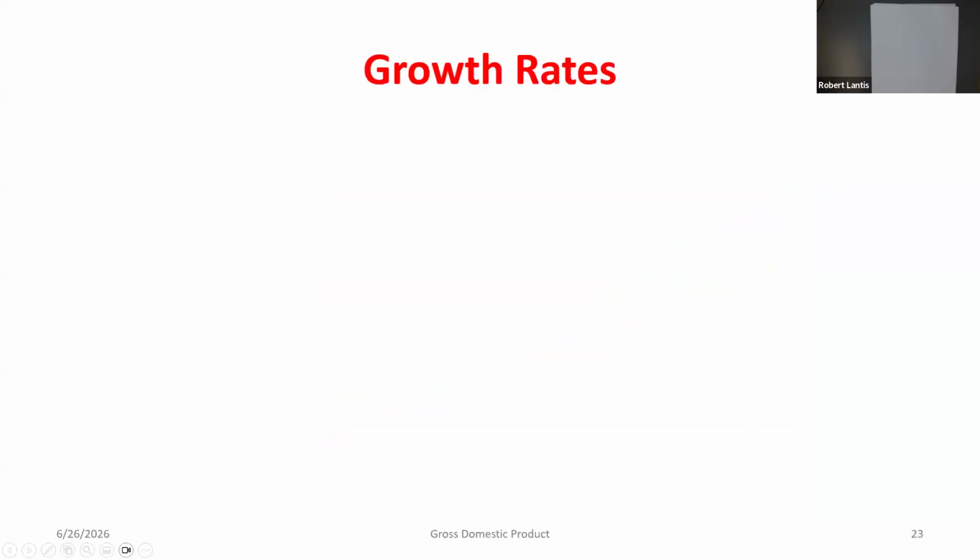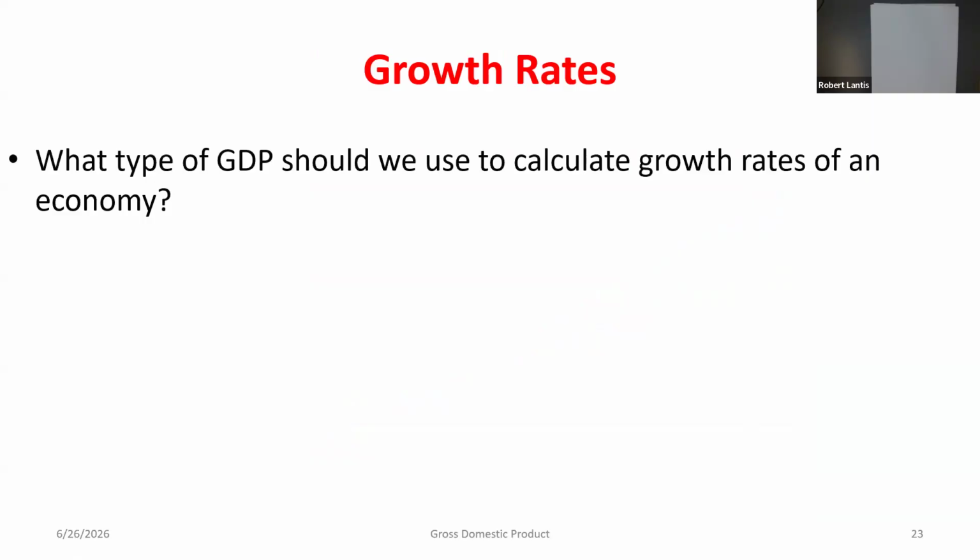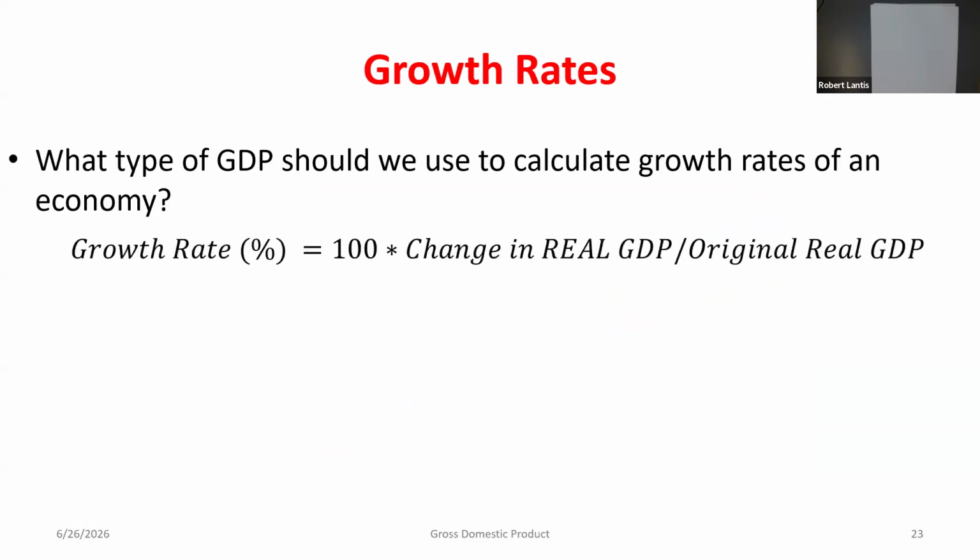The next thing we're going to talk about is how we calculate growth rates. We can think about real GDP as reflecting what the output of the country is. So higher real GDP generally reflects that we have higher output. Because remember, we're looking at real GDP, we're concerned with changes in output, so we're controlling for prices.